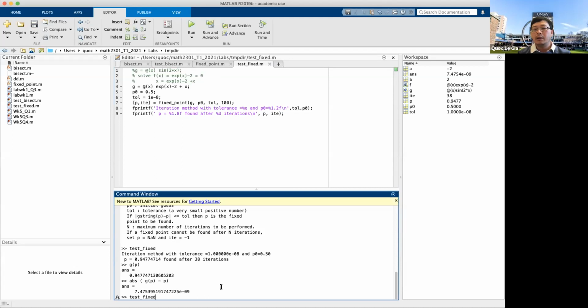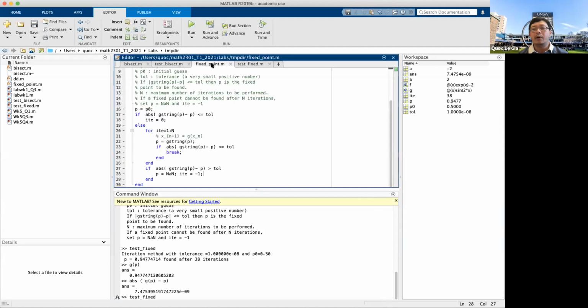Should it be tolerance break? Sorry, in what form? So in the fixed point, if absolute less than. Well, it depends. You see, because here we say that less than or equal the tolerance. So it's up to you.